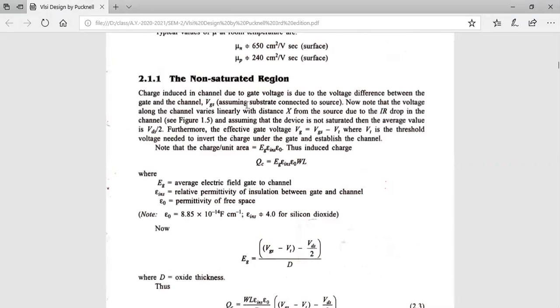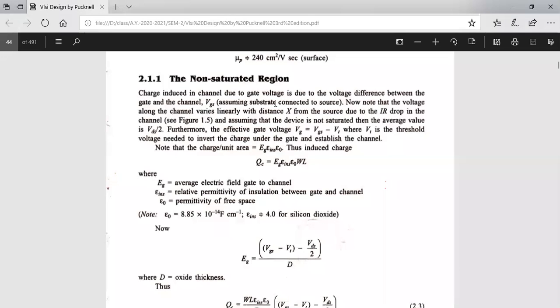When we talk about the gate to source voltage, we assume the substrate is connected to the ground. If it is a PMOS transistor, its substrate will be connected to VDD.